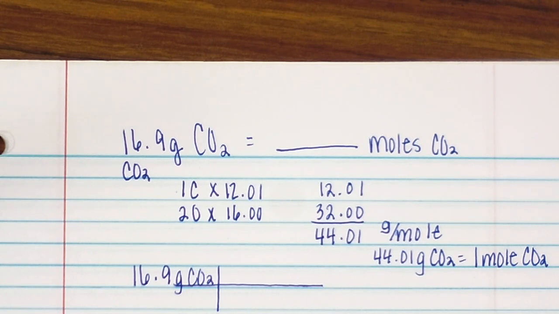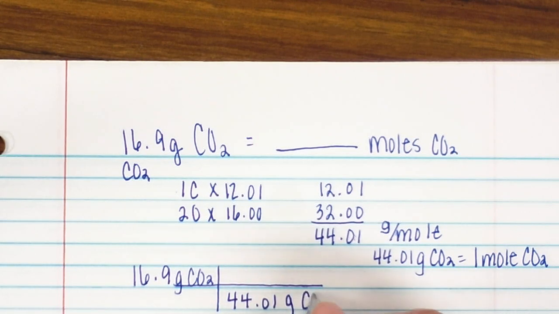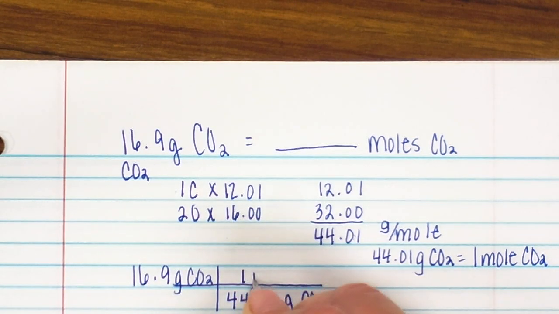Grams of CO2. How many? 44.01 grams over 1 mole. So 44.01 grams of CO2, 1 mole.